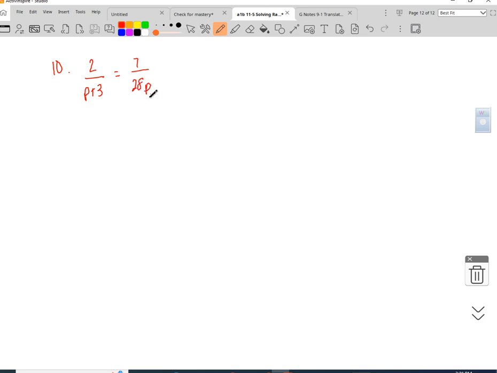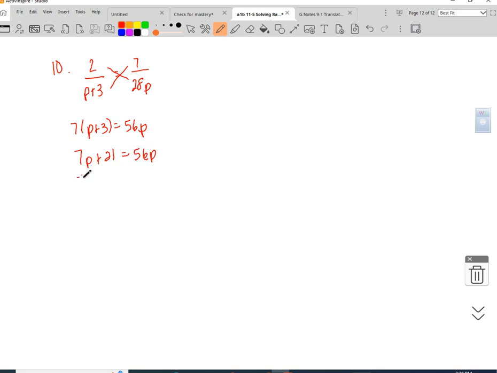Alright, so this one is the proportion, so all we have to do to solve this one is cross multiply and solve. This is going to be 7 times p plus 3 equals 56p, because 2 times 28 is 56. So 7p plus 21 equals 56p.